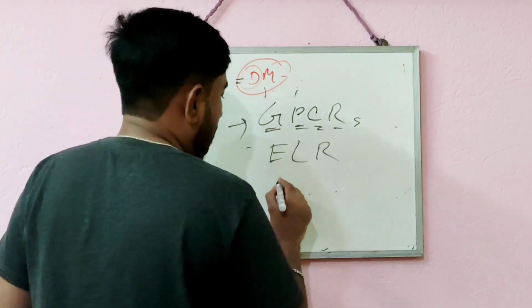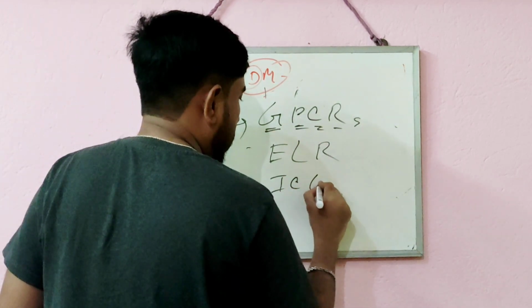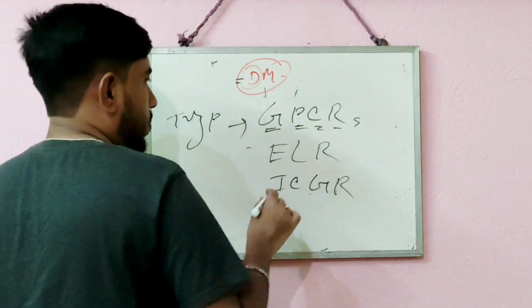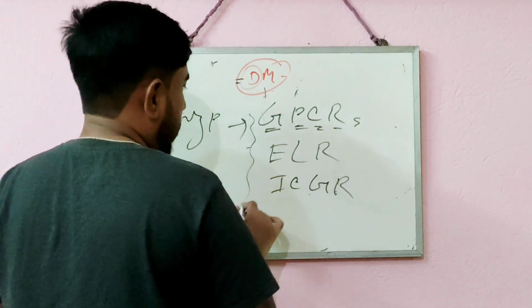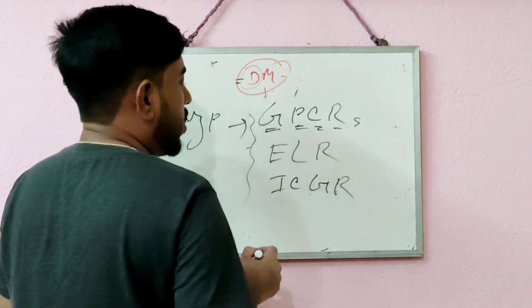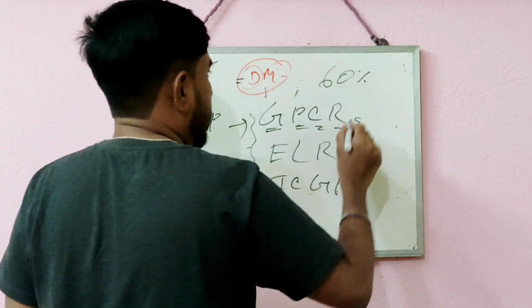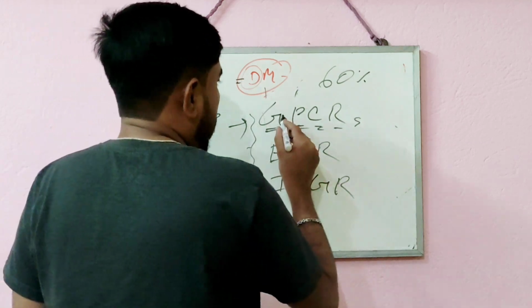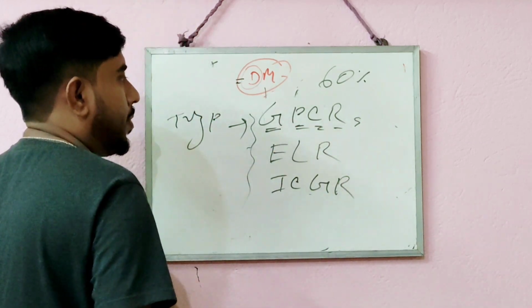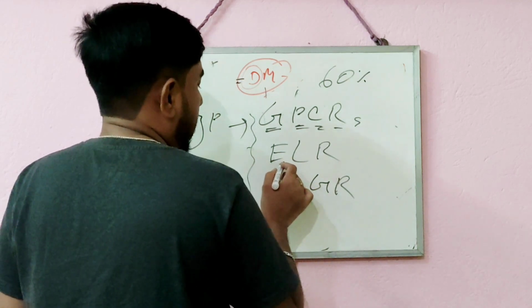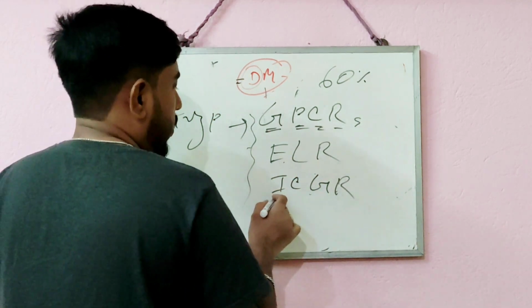The third one is ion channel gated receptors. So all those are receptors present in our body. In our body, almost 60 to 70% of receptors are the GPCR or G protein coupled receptor type, and others are also there, like enzyme linked and ion gated.